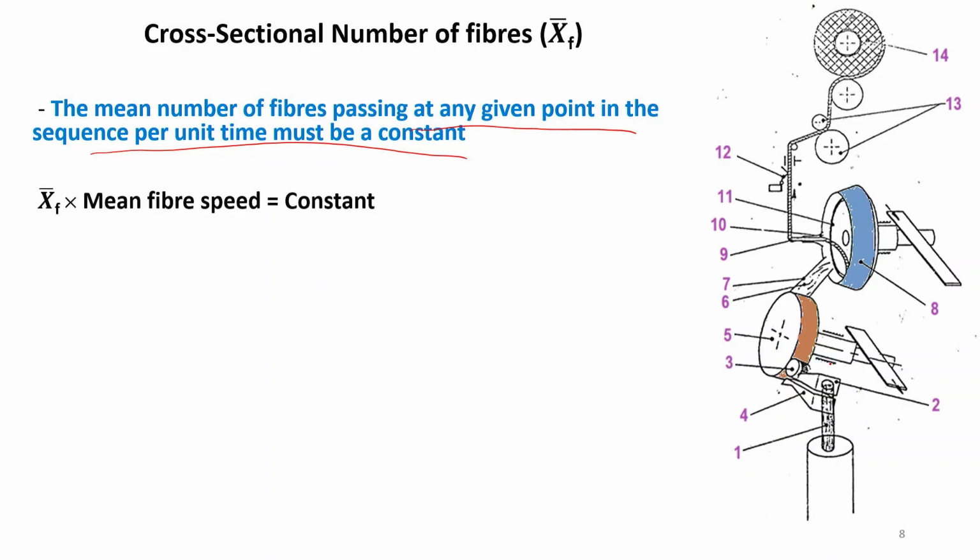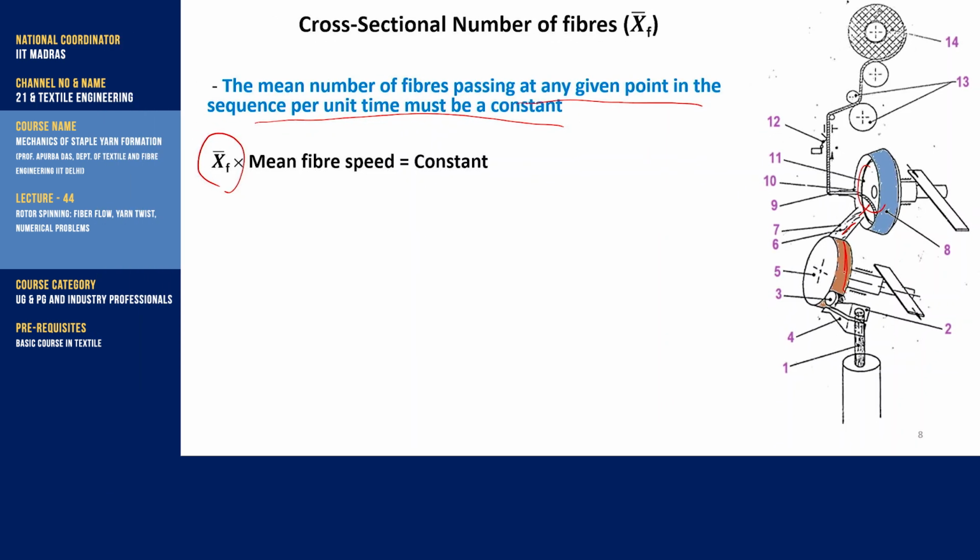So, x f is the number of fibers in the cross section at any point, maybe within the transport channel, at the exit, on the rotor groove, on the opening roller surface, or in the sliver or yarn cross section.